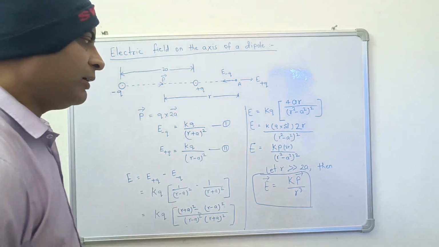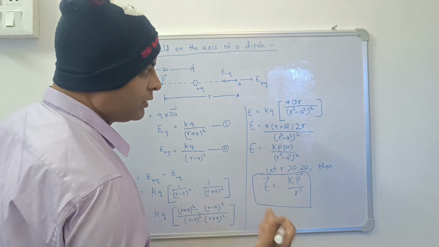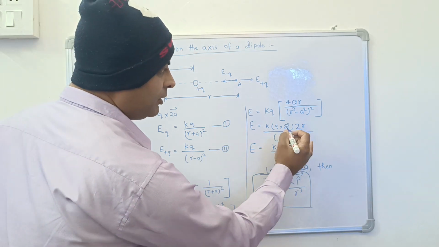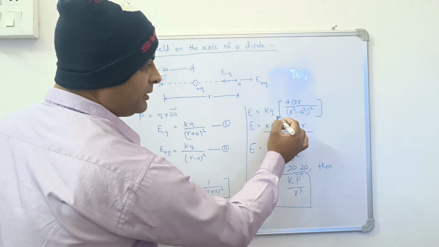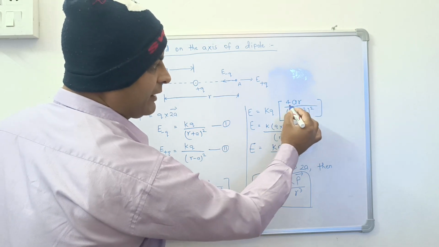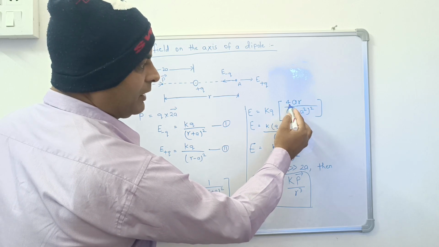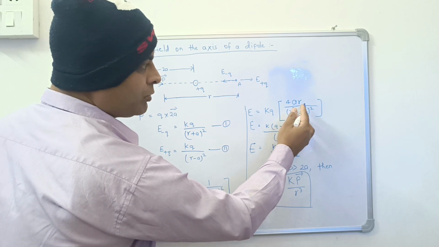If we simplify further, we write this as k times 2a times 2r.